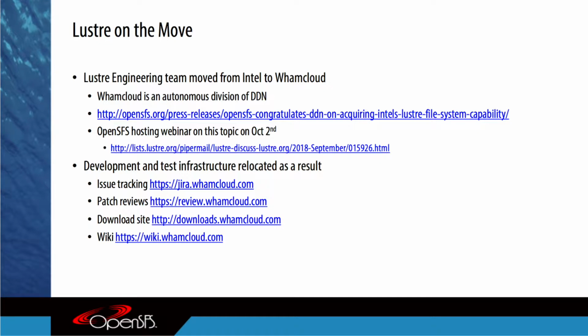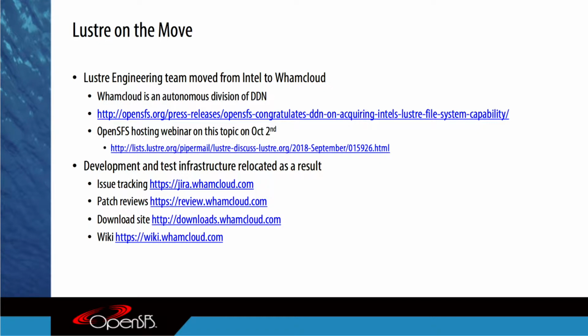Now with the move over to DDN, all of the physical hardware has moved, and we've reverted to the URLs that existed prior to the original Whamcloud entity being acquired by Intel some 7 years ago or so.